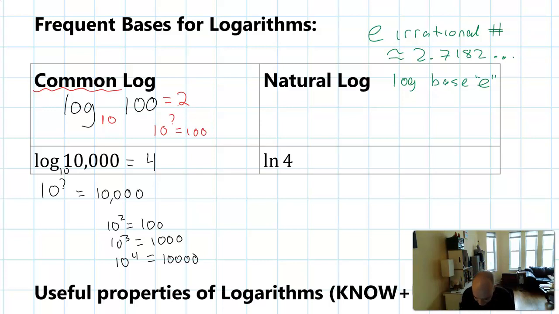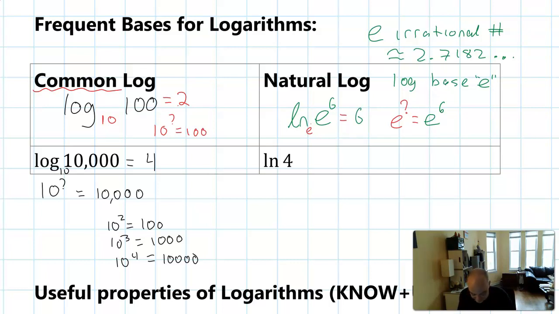So if I write, for example, natural log of e to the 6th, I have to do an exponent here to make this work out tidily. This is saying, well, that's equal to what? So I'm saying base e to the what is equal to e to the 6th. So natural log of e to the 6th would be 6.